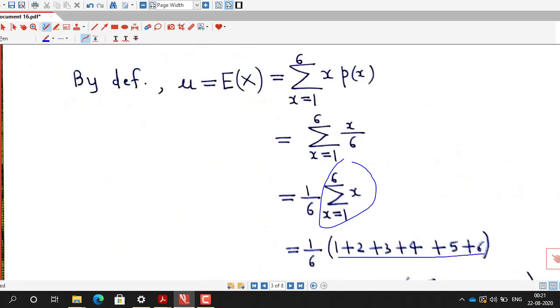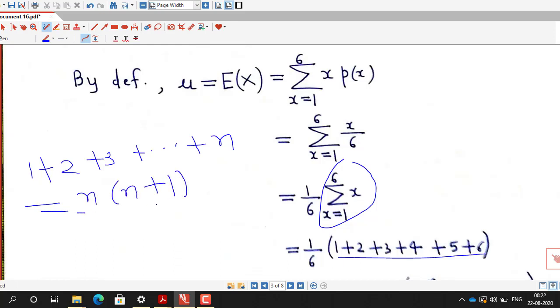And if you recall the formula for the sum of the first n natural numbers, this is given by n into n plus 1 divided by 2, where n is a natural number or positive integer.